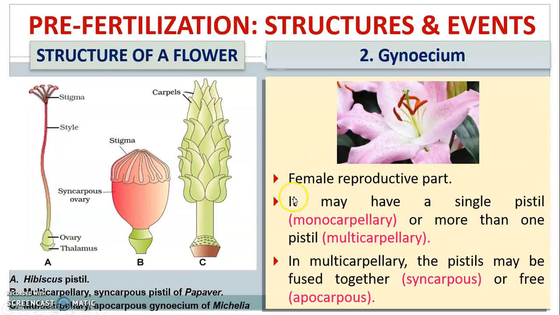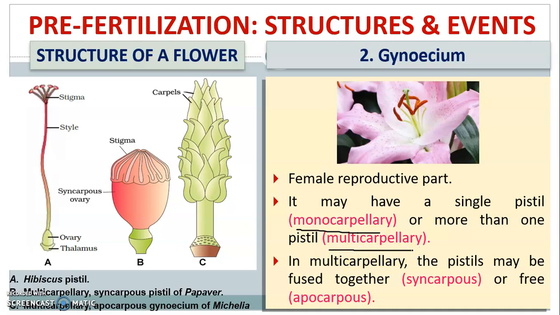If the flower has only a single pistil, a single female reproductive part, then it is known as monocarpellary. It means it has only one carpel. But if the flower has more than one pistil, then it is known as multicarpellary.